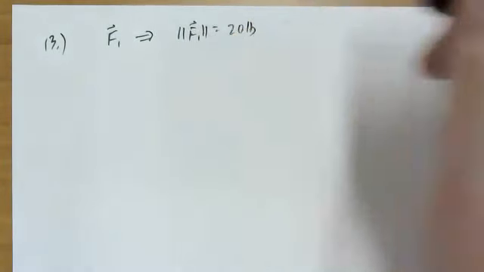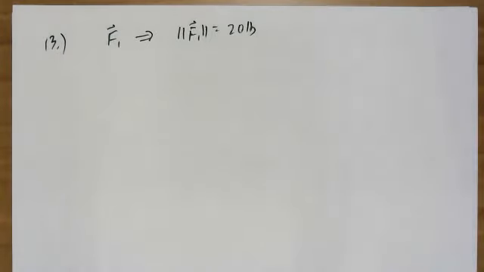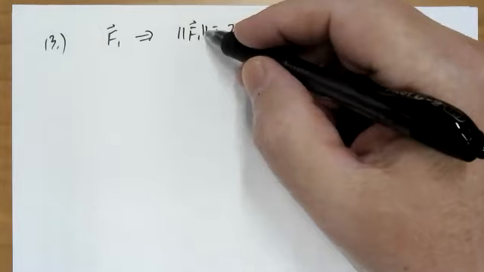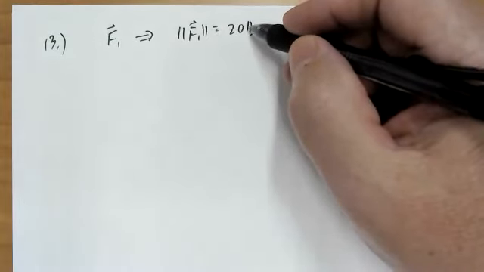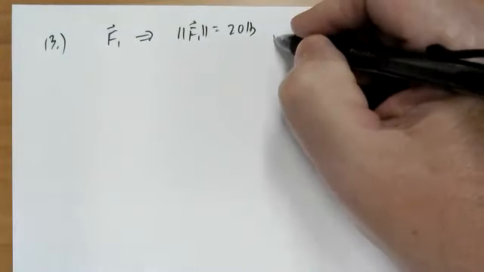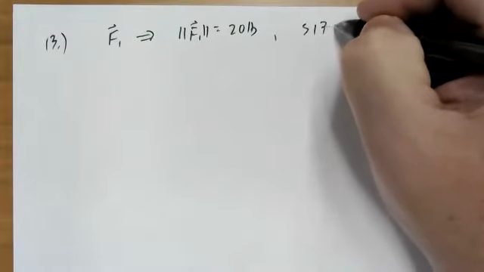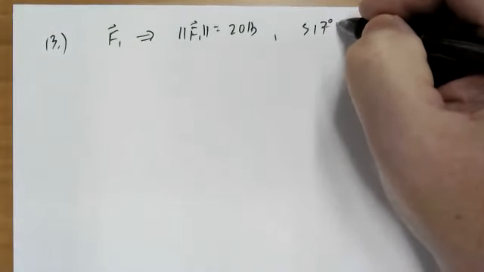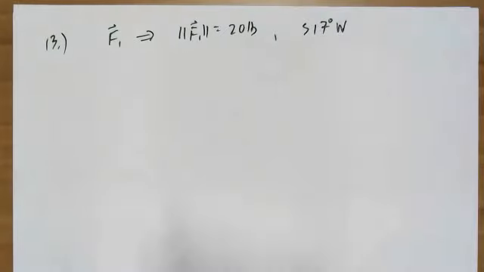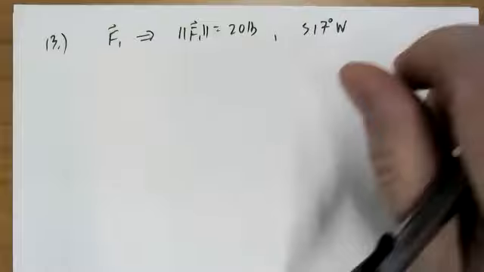You may not realize it, you probably think of pounds as just something you weigh, but pound in the world of science and physics is actually a force. So the magnitude of the force vector is 20 pounds. And the direction, which we'll talk about in a minute, they do this thing: south 17 degrees west. I like to call these compass directions because it's like using a compass: north, south, east, and west.